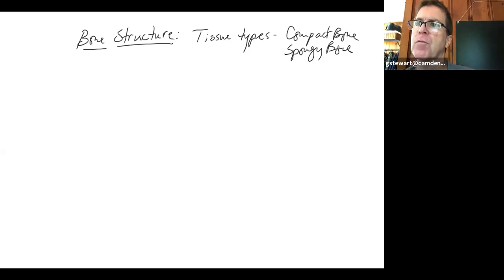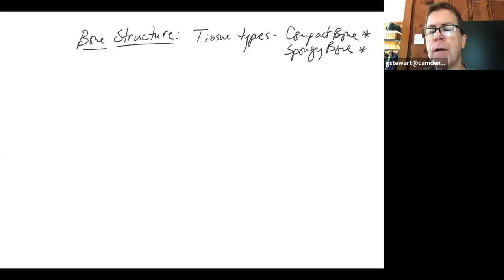But compact bone, just to remind you, is the hard, dense stuff that we find in the shaft of a long bone. The spongy bone are those little bone needles or spicules called trabeculae that have bone marrow in the spaces around those bone needles. So spongy bone has those struts called trabeculae, but it's usually encased in a thin layer of compact bone.